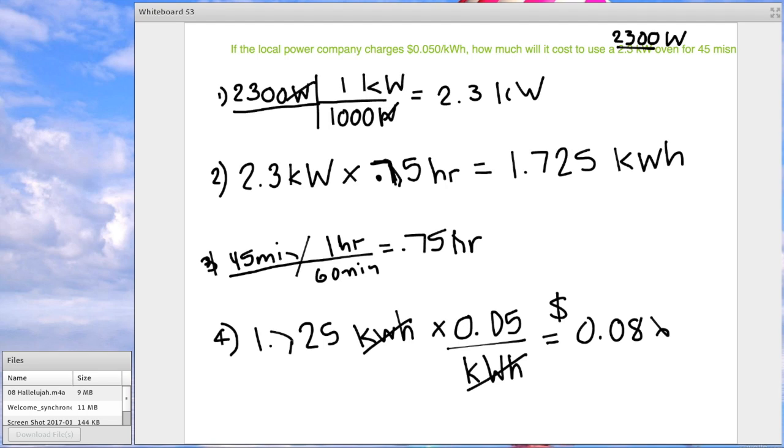That's how much it would cost to run your oven. That makes sense. I can handle paying 9 cents to run my oven to cook some potatoes. I cannot handle $20 to run my oven to cook some potatoes. So use your common sense.